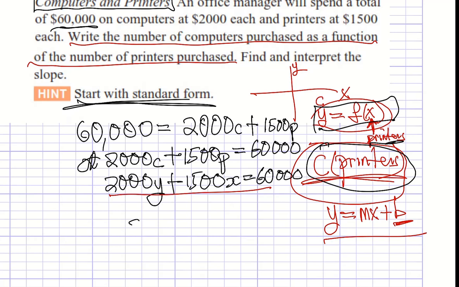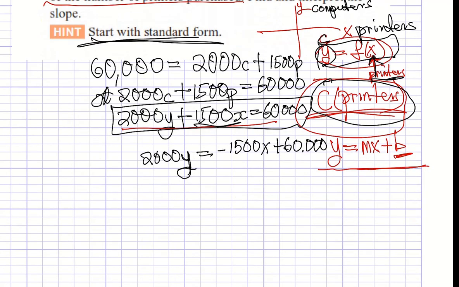So we'll say 2,000 Y is equal to minus 1,500 X, moving this over to the other side, plus 60,000. You see that, right? What we need to do is get rid of 2,000 on the left-hand side, so we divide everything by 2,000.